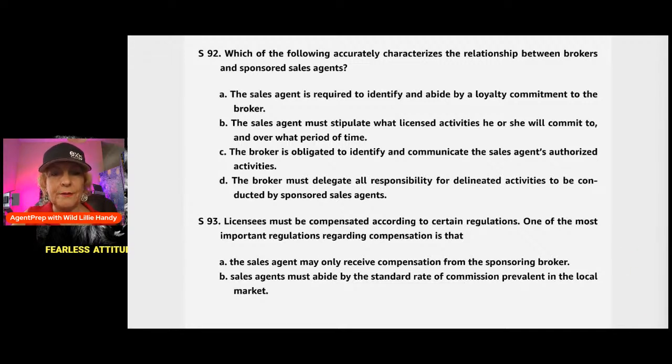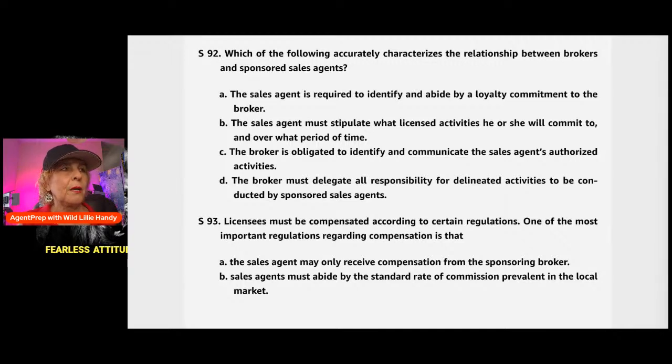You read it wrong. Yeah, we have to read it very carefully. So the answer here is C. The broker is obligated to identify and communicate the sales agent's authorized activities. So that one accurately characterizes the relationship. First one says sales agent is required to identify and abide by a loyalty commitment.